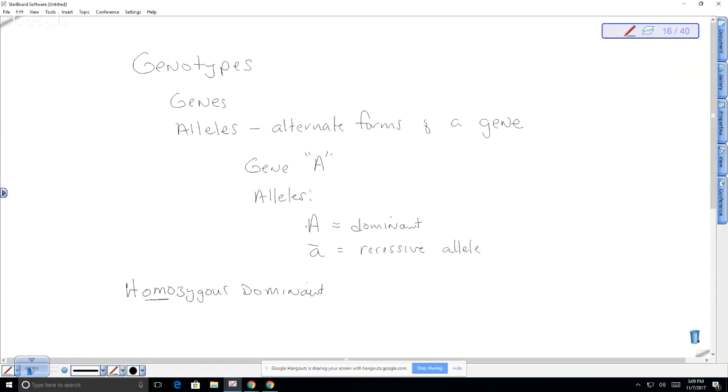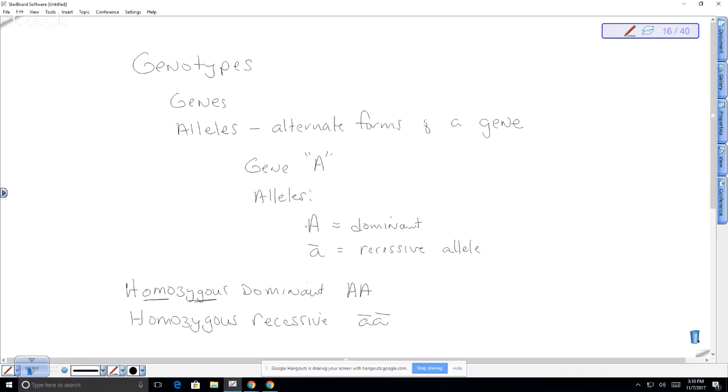Homozygous means you're going to produce the same zygote, so you would be big A, big A. I could also have two copies of the recessive allele, and I would be homozygous recessive. And so I write my genotype like that.